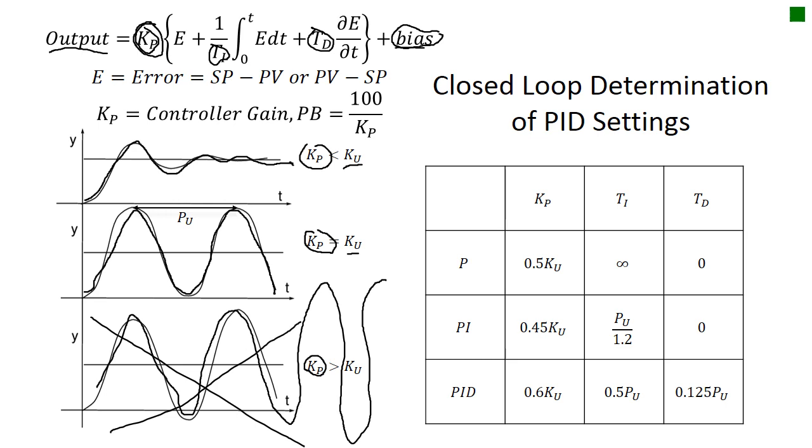What we're looking for is this point here, where we have stable oscillations that do not increase or decrease with time. Once we find this ultimate gain, we can then properly set values for our gain, our integral time constant, and derivative time constant that will give us stable oscillations.